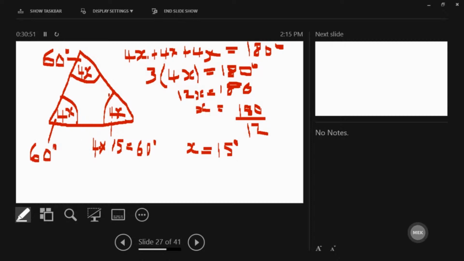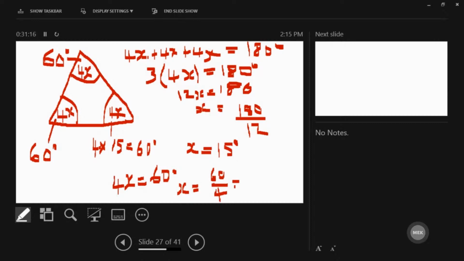We could just say, to find the value of x, since we see this is an equilateral triangle, three equal angles, 4x is equal to 60. We could just work with that alone and we would get x equal 60 divided by 4, which is 15.